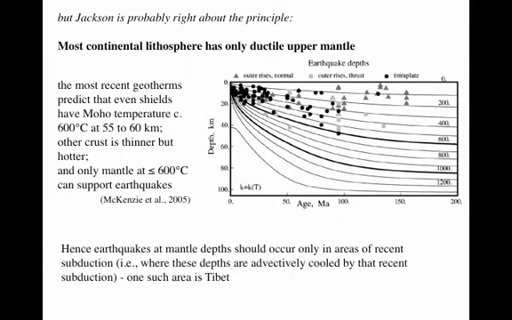But he's probably right about the principle, wherein most continental lithosphere has only a ductile upper mantle.